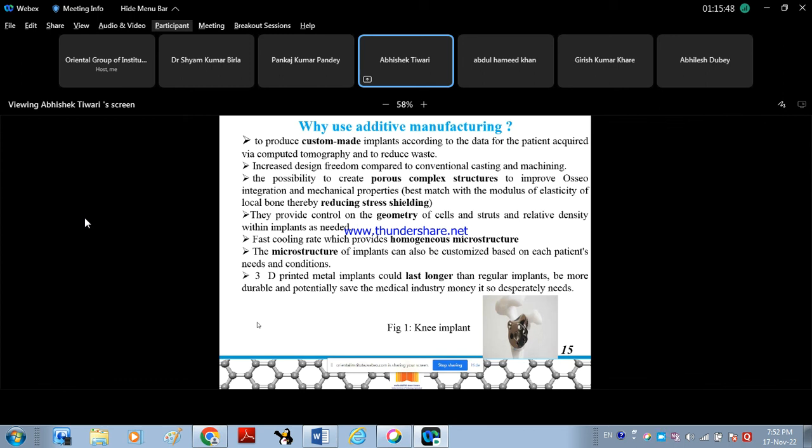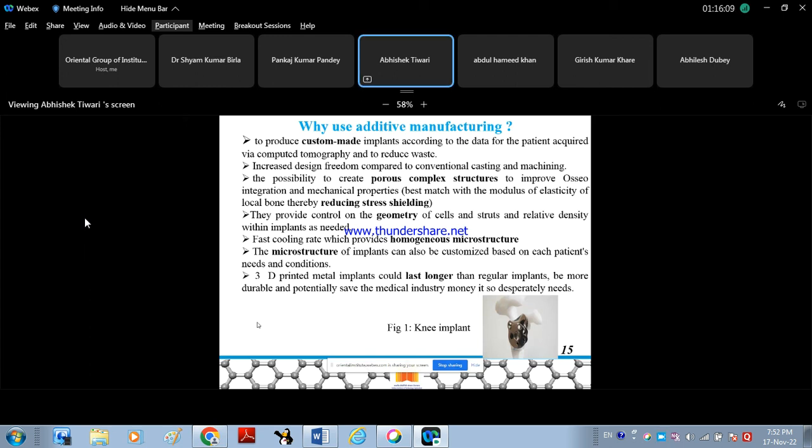In this technology, the cooling rate is of the order of 10 raised to 6 degrees centigrade per second. What do we mean by 10 raised to 6 degrees centigrade per second? Does it mean in 1 second the temperature is decreasing by 10 raised to 6 degrees centigrade?